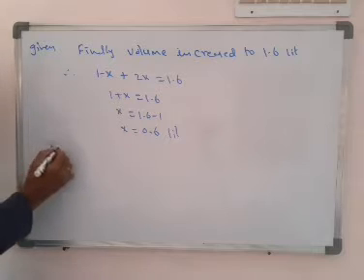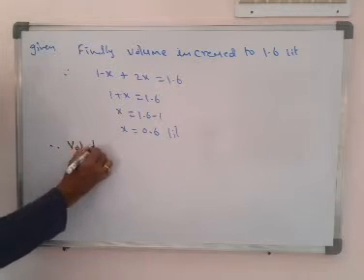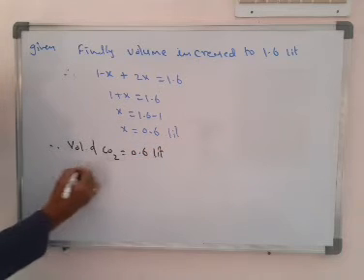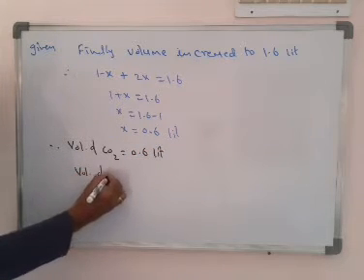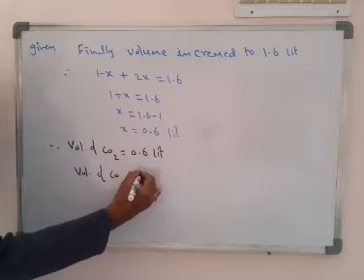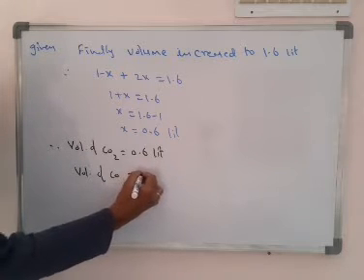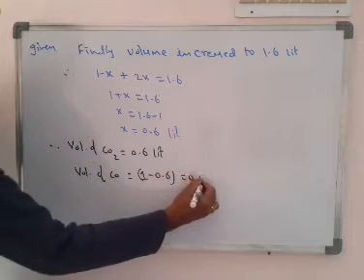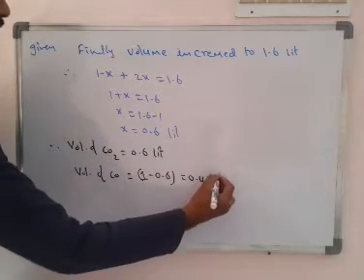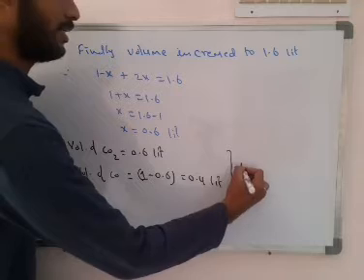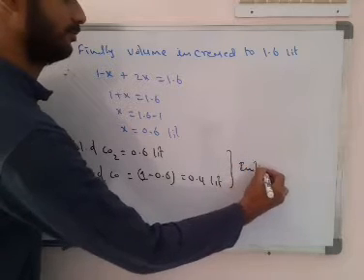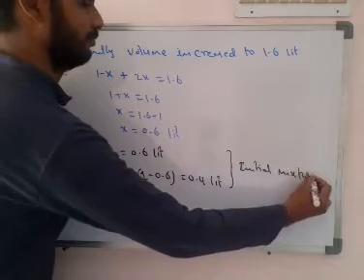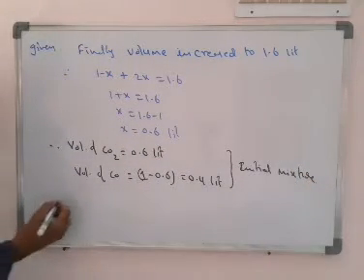So therefore the volume of CO2 is equal to 0.6 liter and the volume of CO is 1 minus 0.6, that is 0.4 liters. This is in the initial mixture. So what is the percentage?